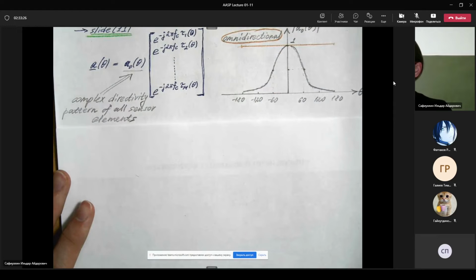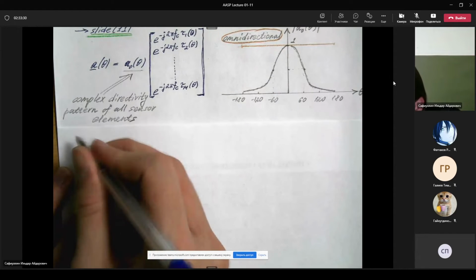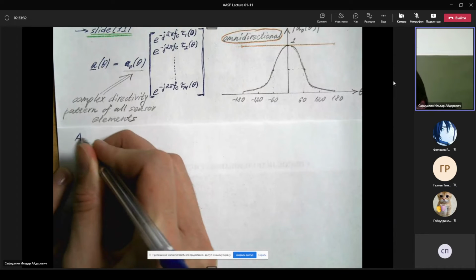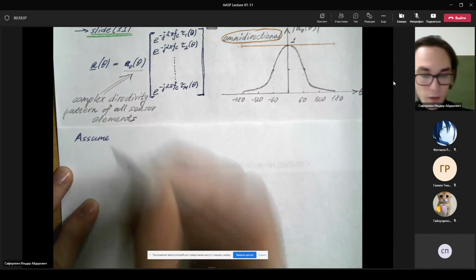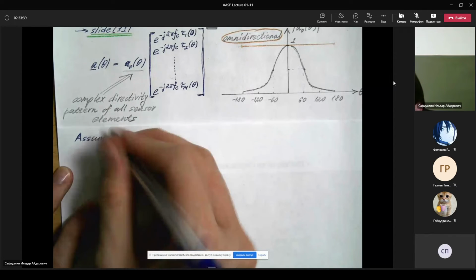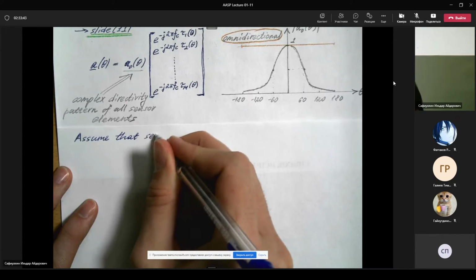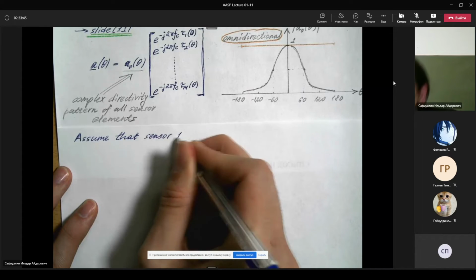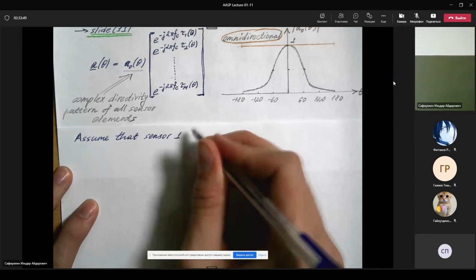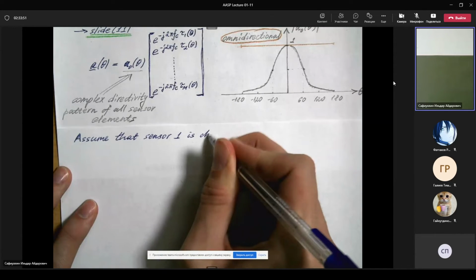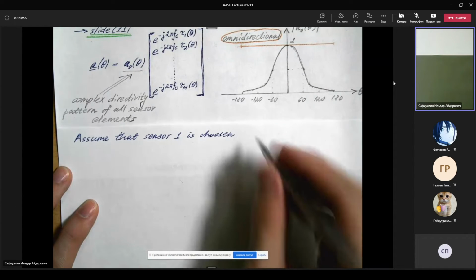Let's assume that sensor 1 is chosen as the reference point.